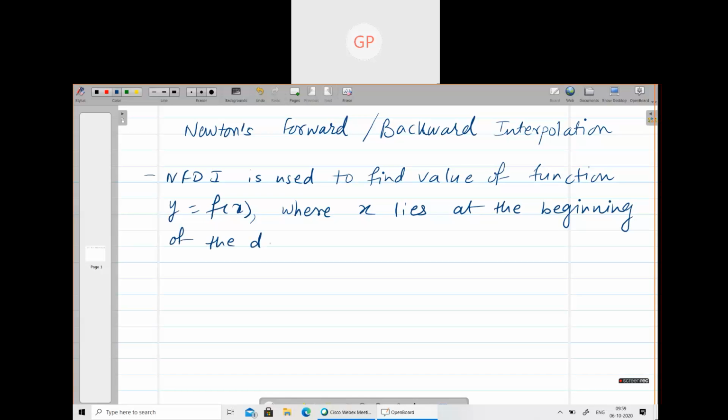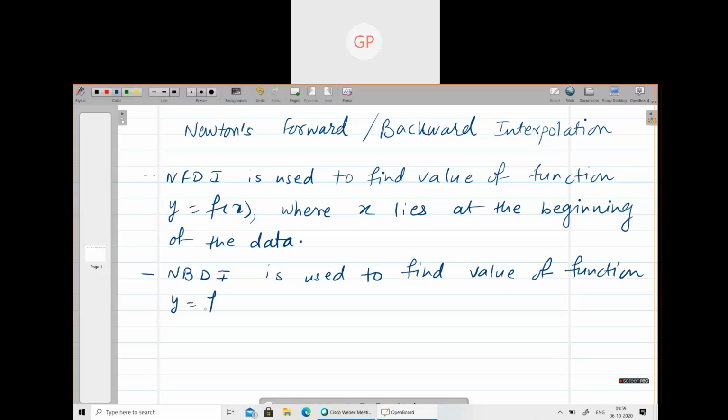Okay, so this is a convention that we remember or we use, and NBDI, Newton's backward difference interpolation, is used to find the value of the function y equal to f(x), where x lies at the end of the data.